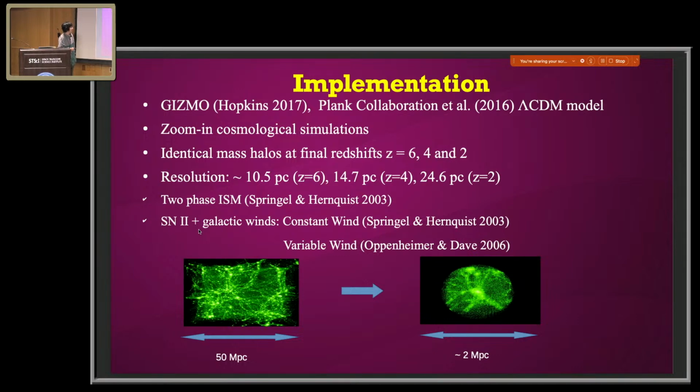We use something like 484 kilometers per second. The other is a variable wind, where the wind velocity is proportional to the escape velocity of the halo. We have calculated the total kinetic energy of these two wind feedbacks. You can see the variable wind is something like 8 times stronger than the constant wind.